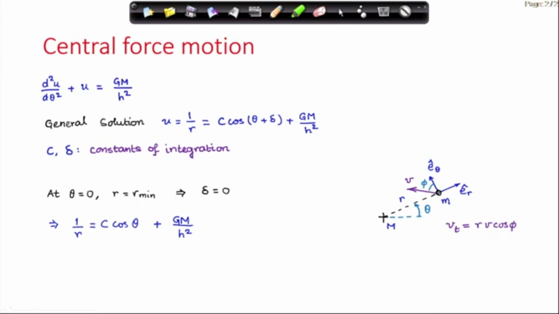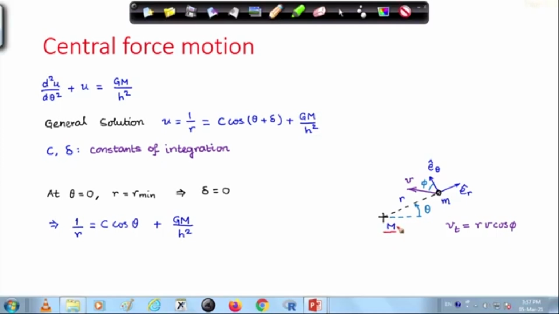Let us look at this figure where I have shown the gravitating central mass. This is the moving mass. E r cap and E theta cap are the coordinate axes, and at this point the velocity of the particle is v, and it makes an angle phi with E theta. Then the tangential velocity magnitude is the projection of v along E theta.